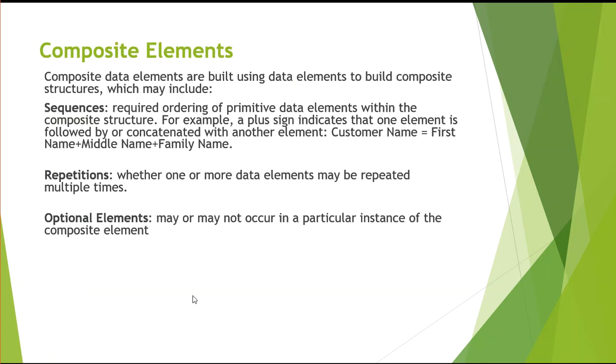If we are talking about composite data elements, they are built using data elements to build a composite structure, which may include sequences, like in this example, first name plus middle name plus family name will be customer name. Repetitions, where one or more data elements may be repeated multiple times. Optional elements may or may not occur in a particular instance of a composite element.